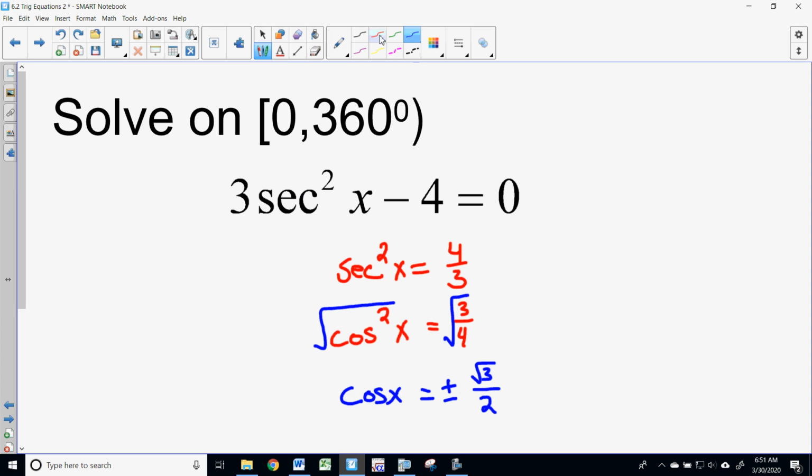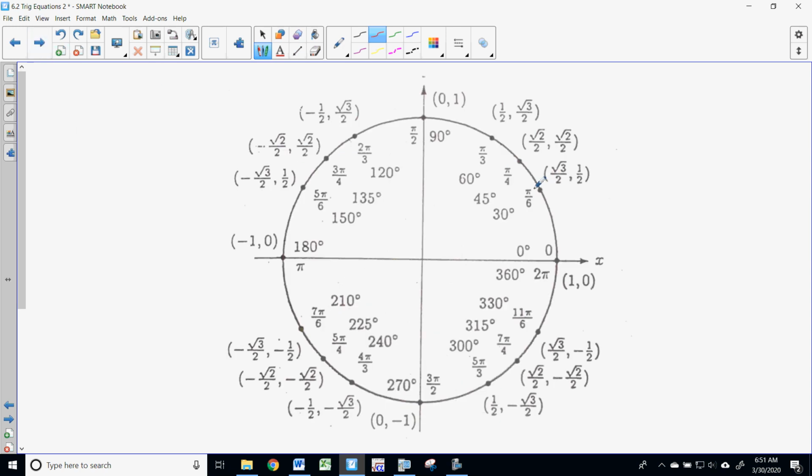Now you'll notice again, with these harder ones, we go back to the 0 to 360, so we're just looking on the unit circle. So now what we're looking at is where on the unit circle is cosine square root of 3 over 2, positive or negative. So if you're looking at where's your x value, square root of 3 over 2, we have 30, 150, 210, and 330.